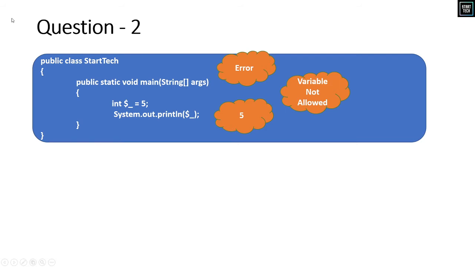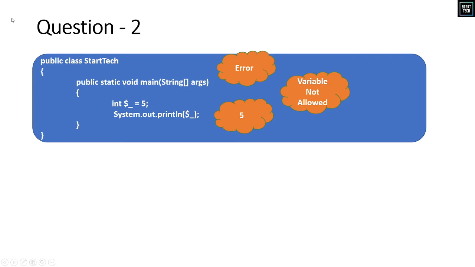Why 5? If you look at this program, int dollar underscore, it looks like the dollar will cause an error, but it won't. Why? Because in Java, what does the identifier rule say? In the engineering syllabus, this is the first chapter, Java identifier rules.